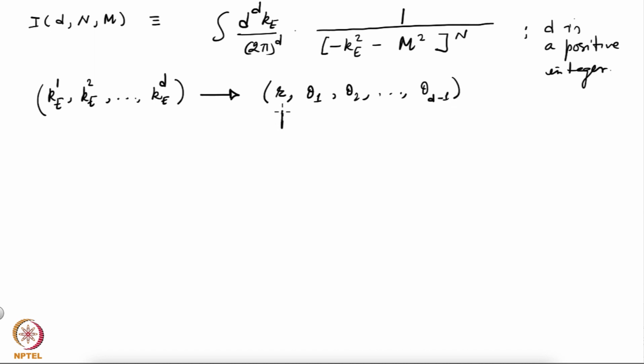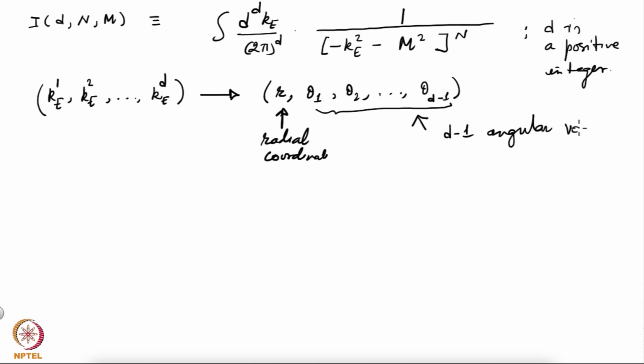Okay, so this is our radial coordinate, and these are our d minus 1 angular variables.